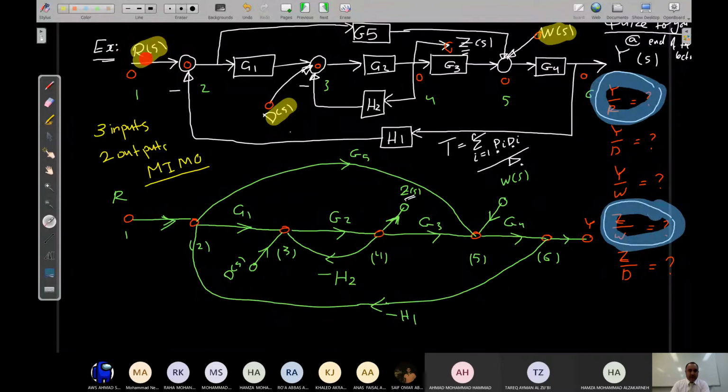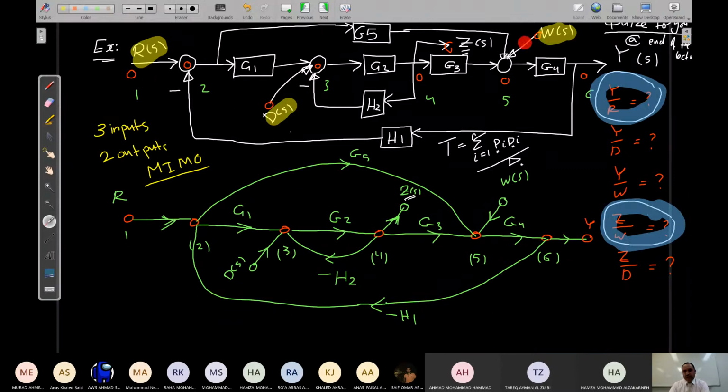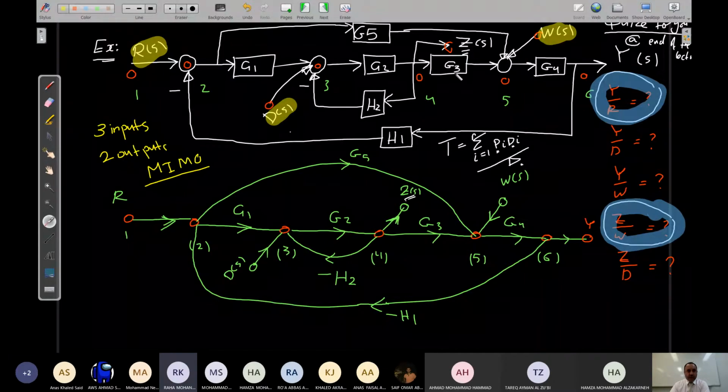So R is in to the block diagram, so it's input. D is in to the block diagram, so it's input. W is also in to the block diagram, so it's input. And this one is two outputs.